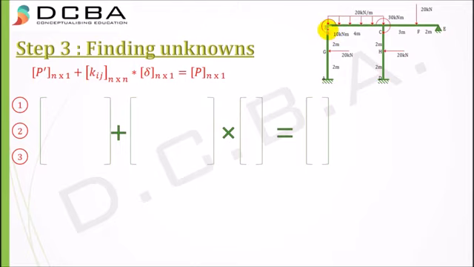So near the joint B, the two fixed end moments would be MFBA and MFBC. Okay, the second unknown occurs at joint C, and the fixed end moments at joint C are MFCB, MFCD, and MFCE.